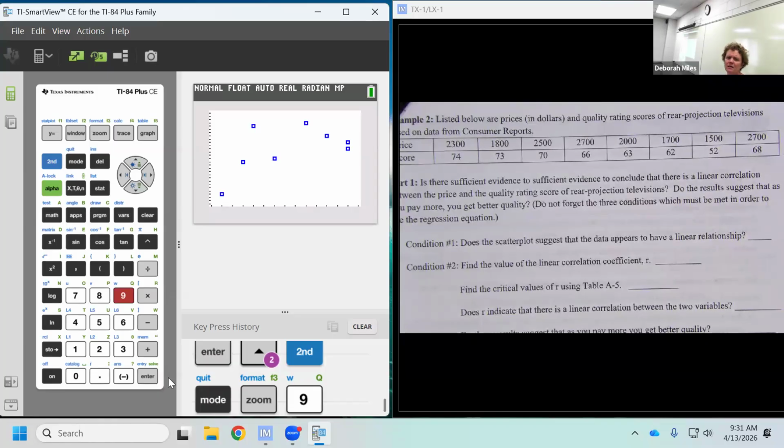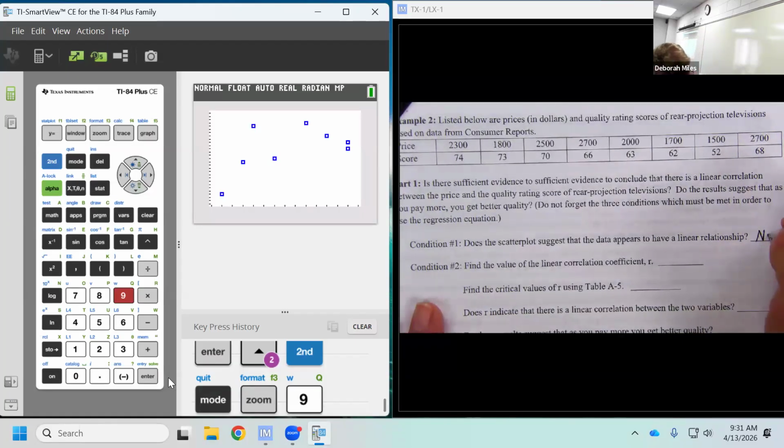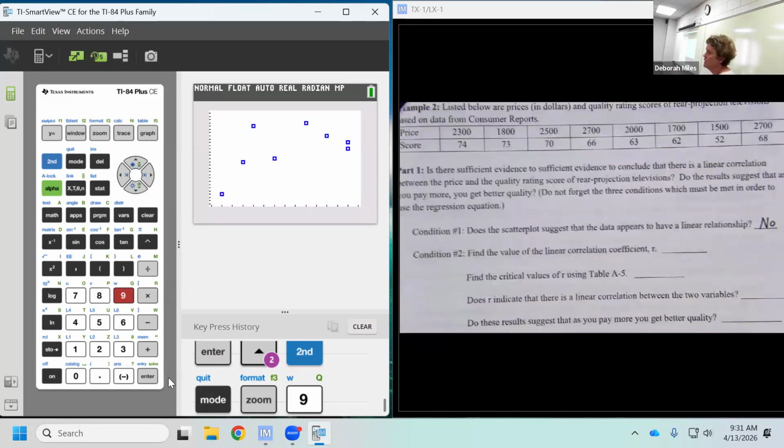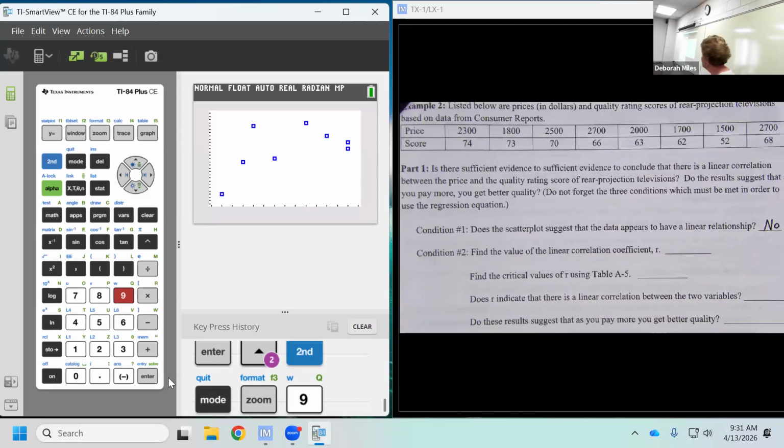Yeah, I'd say you could find a line that fit the first 5 points pretty well, but then at a certain point, the score stops going up and actually starts going down. So my gut says, no, there doesn't seem to be. But we don't know definitively until we compare R to the critical values.